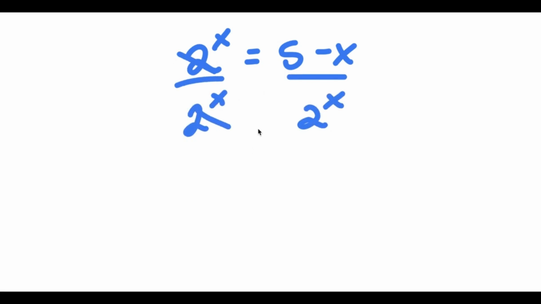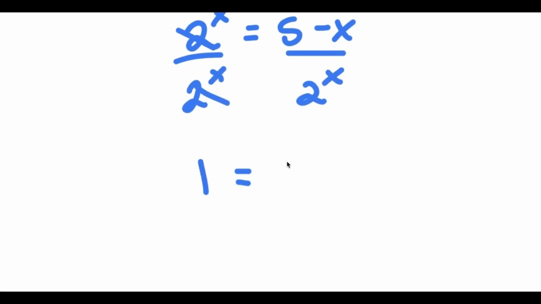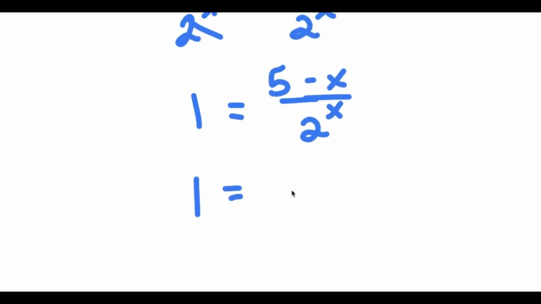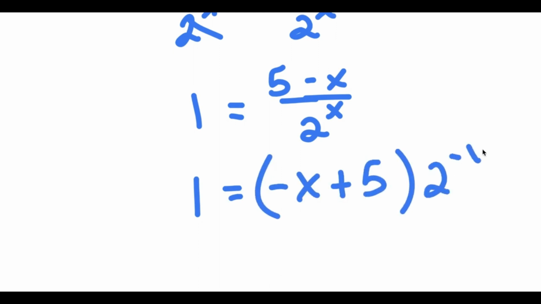So these two cancel out, and I get 1 is equal to 5 minus x over 2 to the power of x. Now, this is the same thing as negative x plus 5 times 2 to the power of negative x.